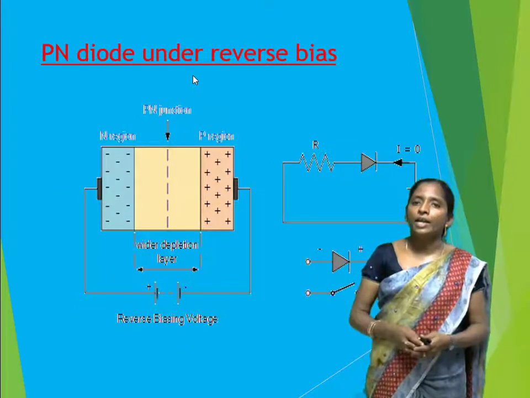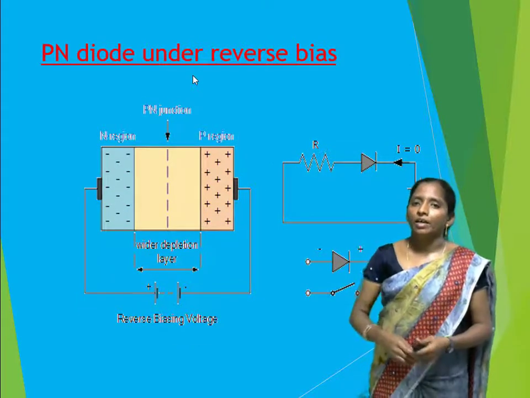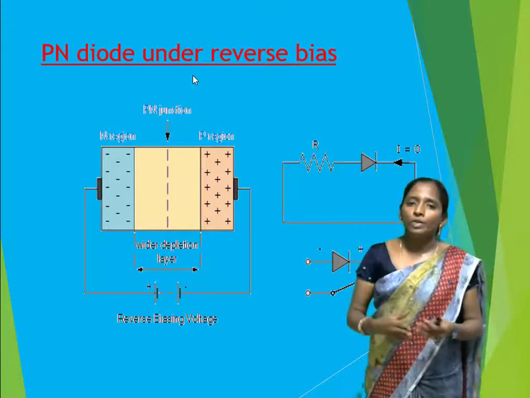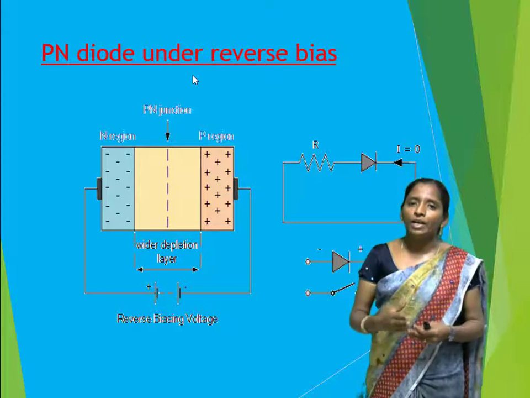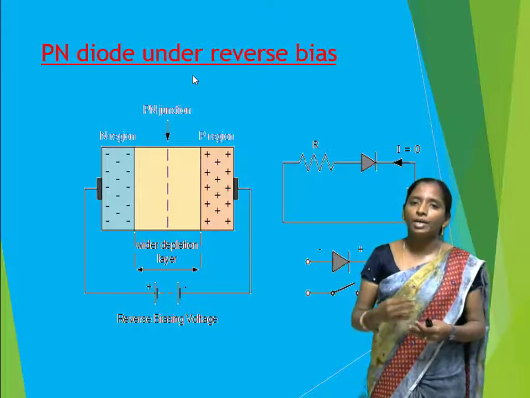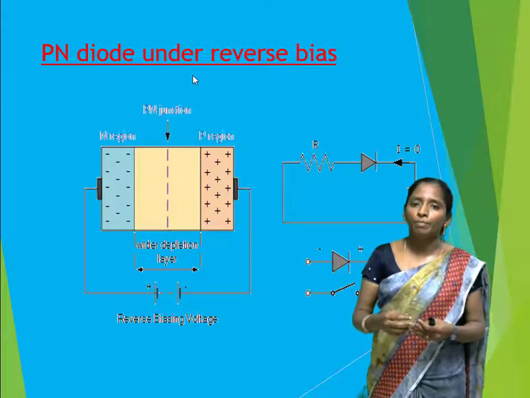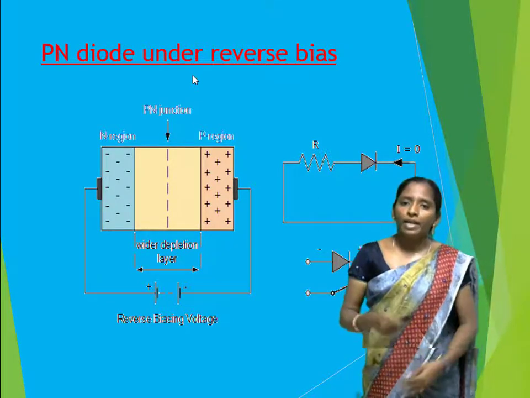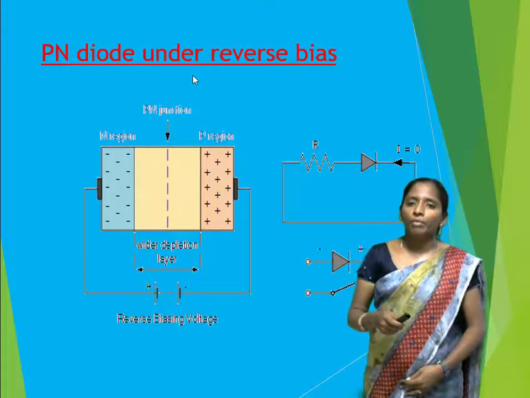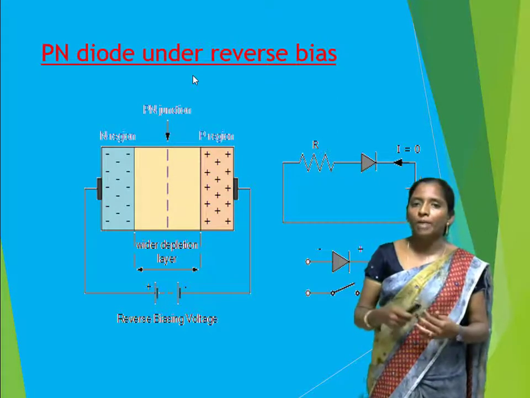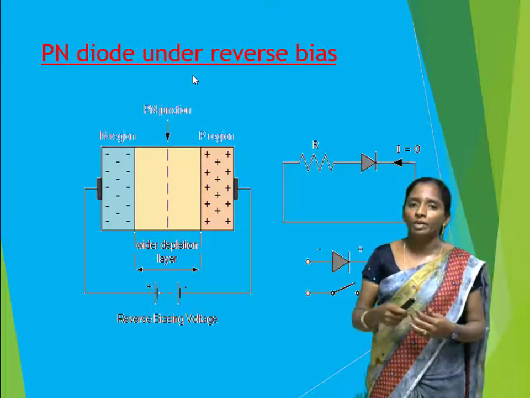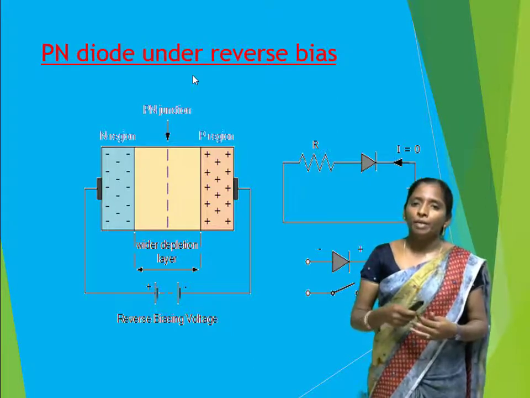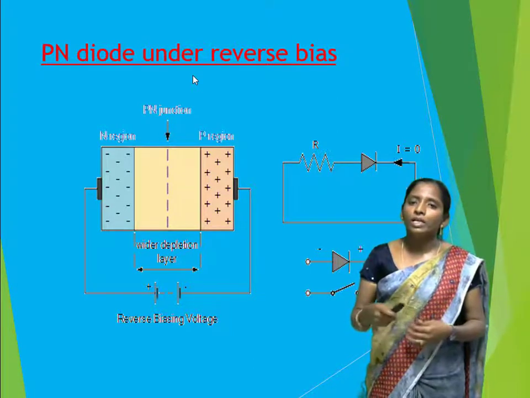PN junction diode under reverse bias condition. Here the reverse bias is applied by connecting the positive terminal of the battery to the n-type material and the negative terminal of the battery to the p-type material. The electrons in the n-type are attracted by the positive terminal of the battery, and the holes in the p-type material are attracted by the negative terminal of the battery, away from the junction.